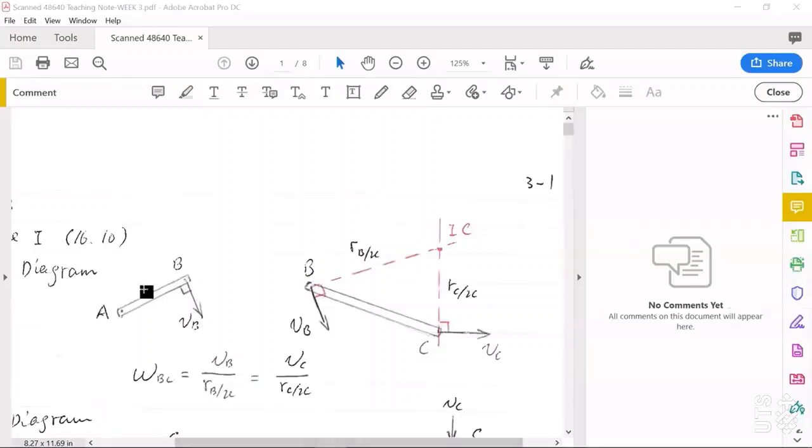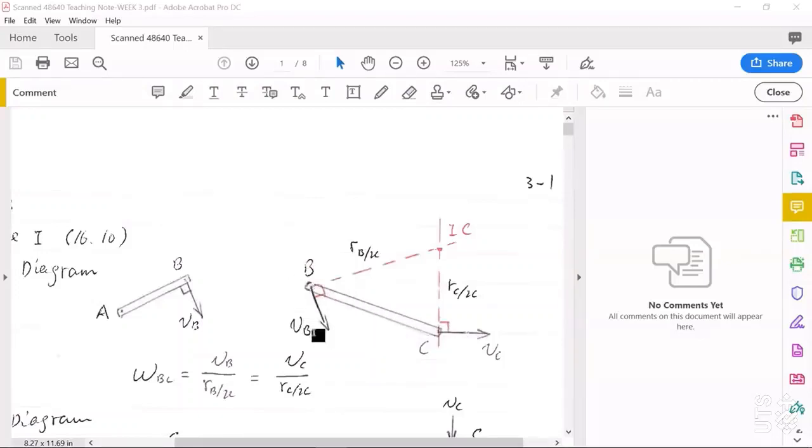Okay, we will need to draw the kinematics diagram. For this mechanism, we can draw two diagrams, one for crank AB and another one for link BC. We only look at link BC because it's undergoing general plane motion.